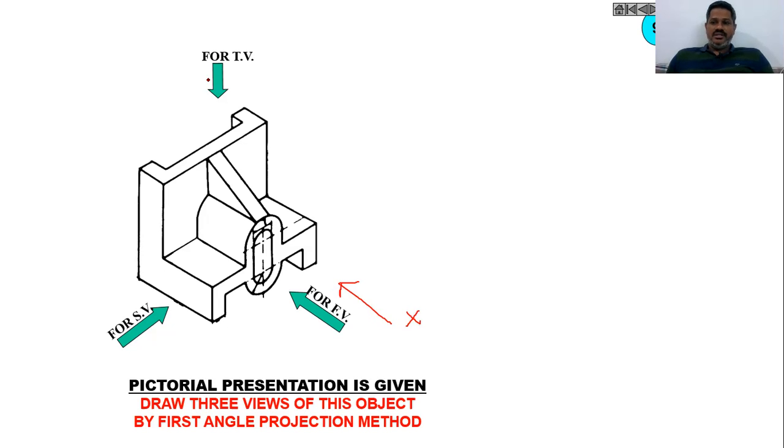In examination, normally you will not get this indication as a top view. You will have only X here. That means from that view we need to assume the front view. So for that view we have to draw the front view, then top view, then this side view.